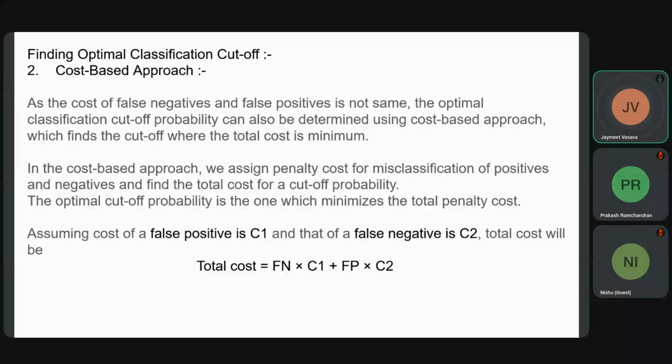In the cost-based approach, we assign a penalty cost for misclassification of positives and negatives, and find the total cost for a cutoff probability. The optimal cutoff probability is the one which minimizes the total penalty cost. Assuming that the cost of the false positive is C1 and that of the false negative is C2, the total cost will be false negative into C1 plus false positive into C2.